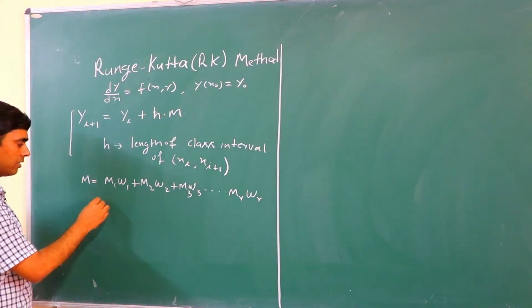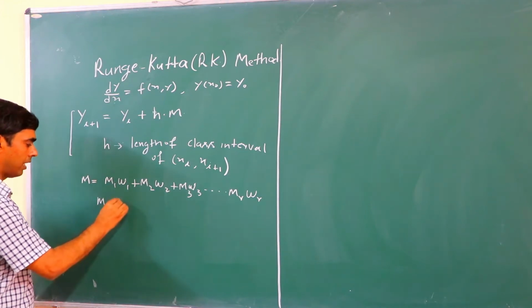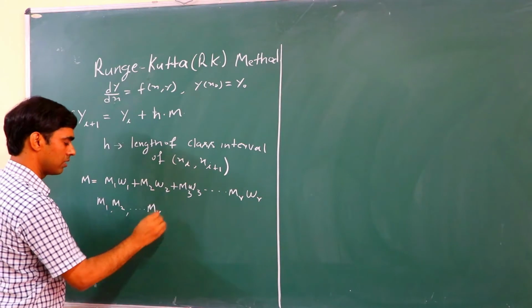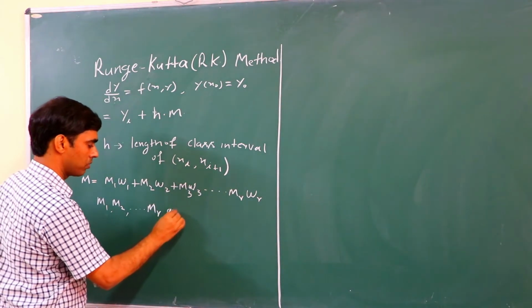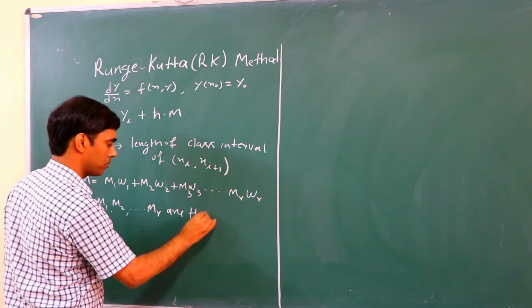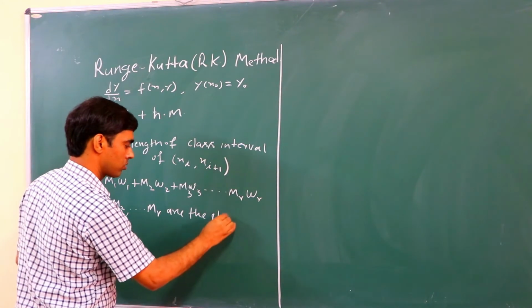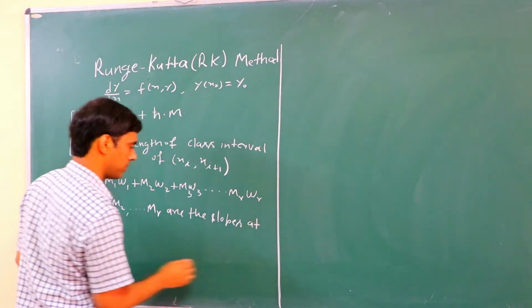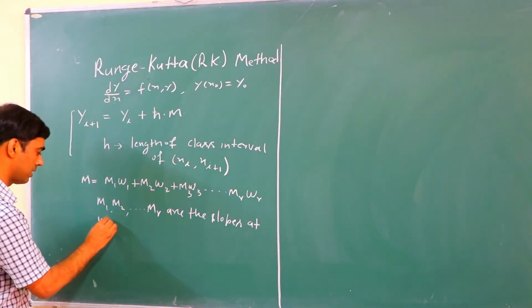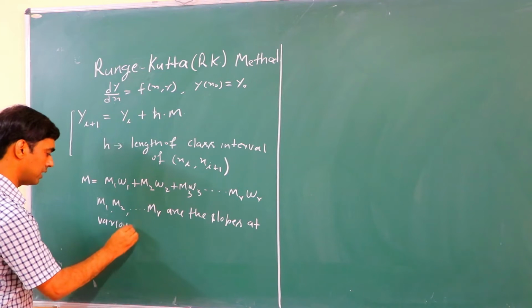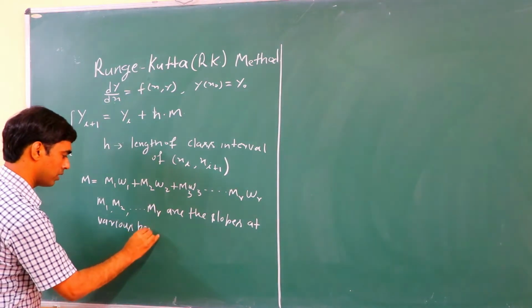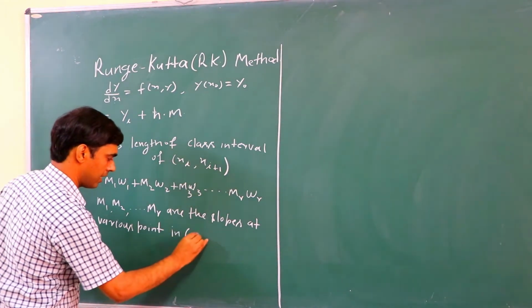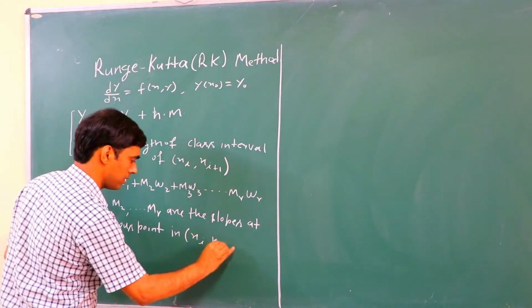where m1, m2, up to mr are the slopes at various points between x_i and x_{i+1}.